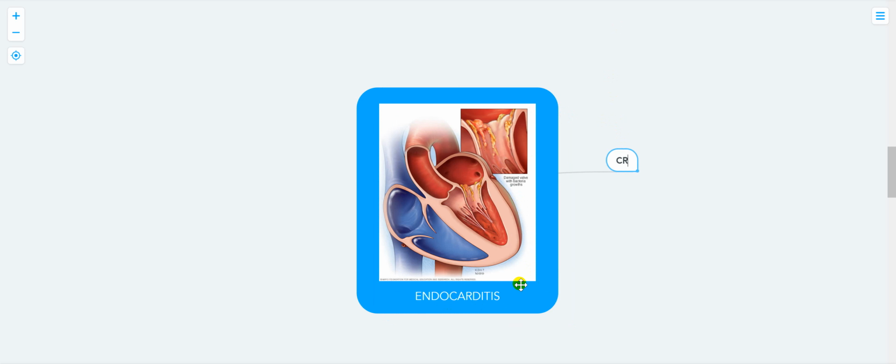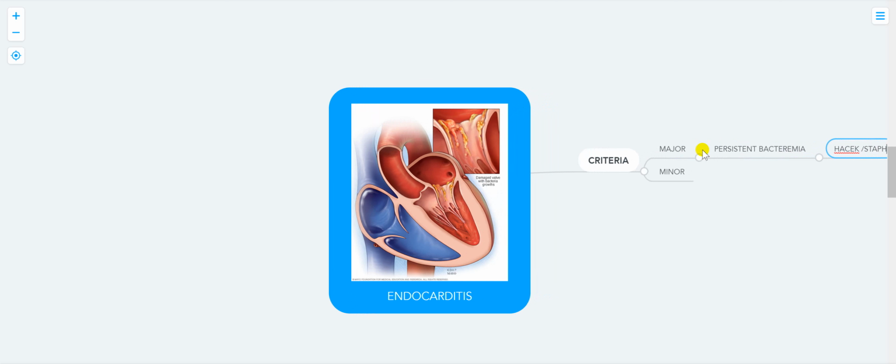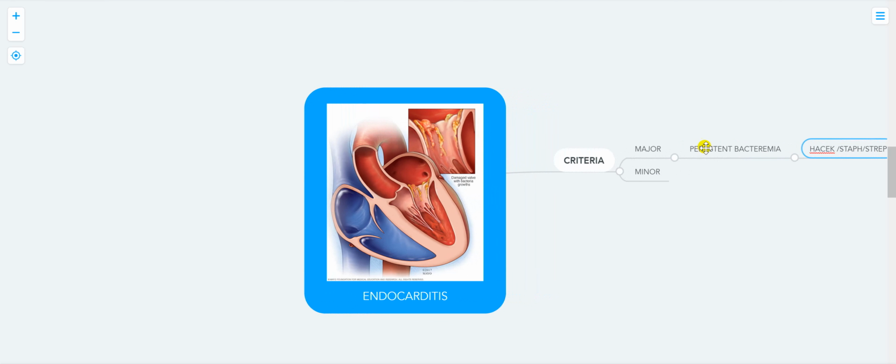So what are the criteria? There are major and there are minor criteria. What are the major criteria for endocarditis? Major criteria is sustained bacteremia by an organism known to cause endocarditis, like strep, staph, and HACEK organisms. So persistent bacteremia by HACEK, staph, strep.